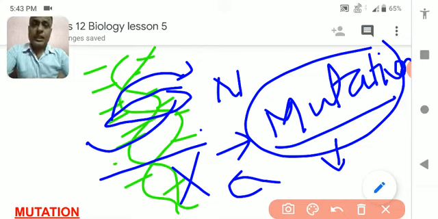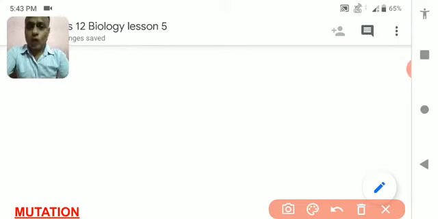If the particular protein is not formed, it will cause different kinds of abnormalities in our body. So mutation is nothing but the minor or major changes that happen in the DNA sequence.